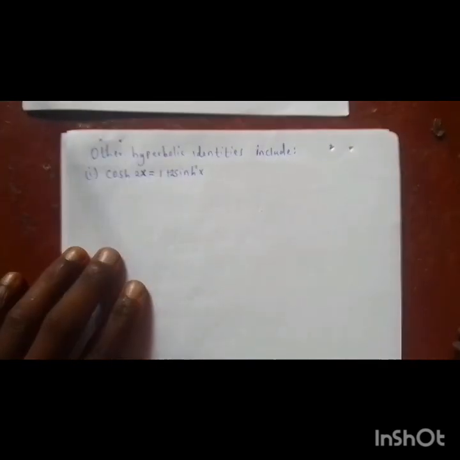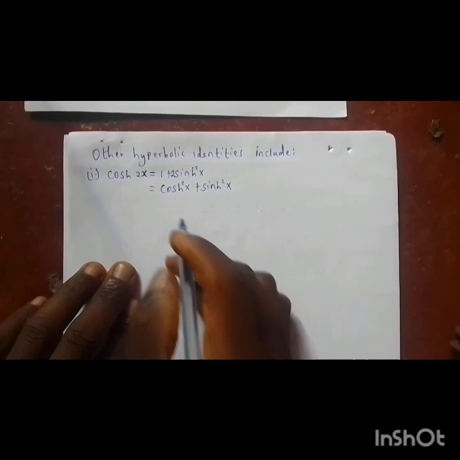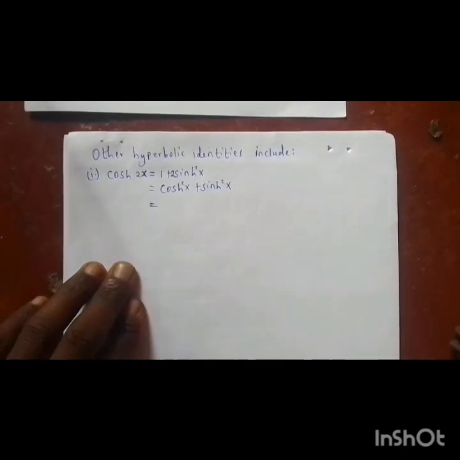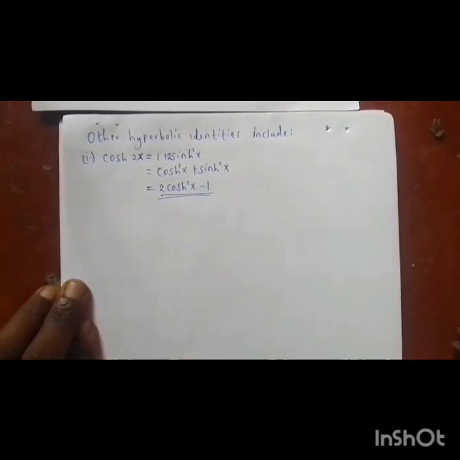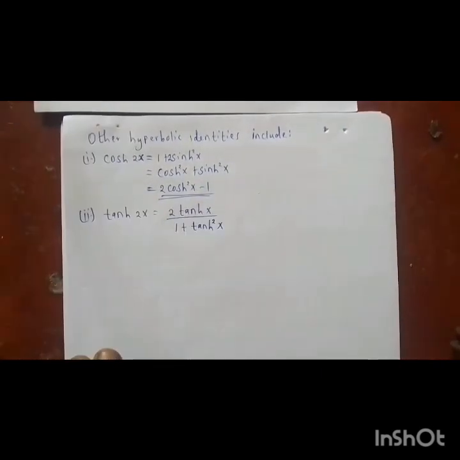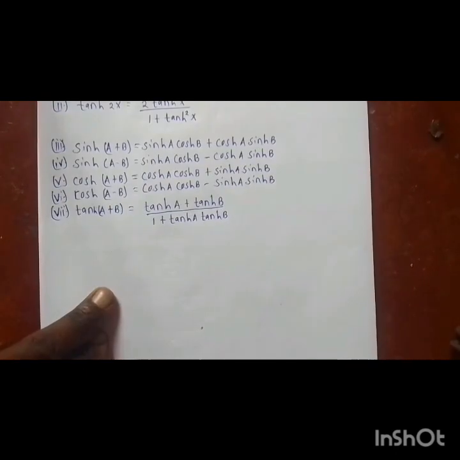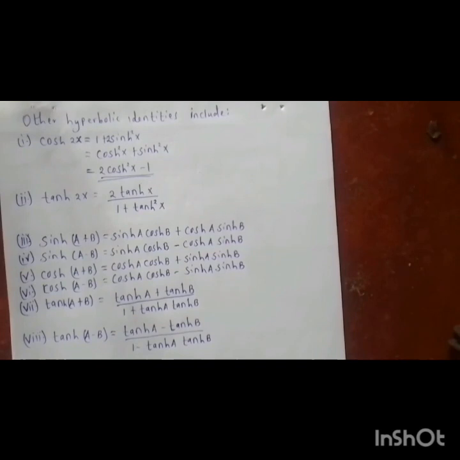So but it is also equal to, and also equal to this one. So another one, so these are our hyperbolic identities.